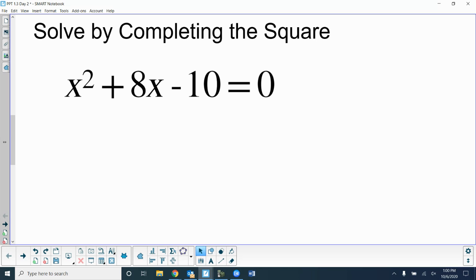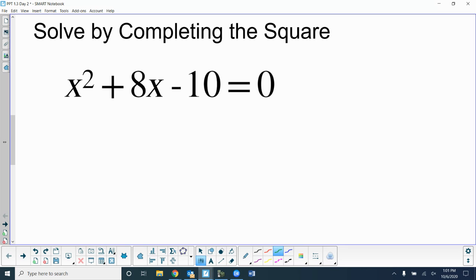So are we okay with that? We're there right now, right? What's the next thing we do once we see that that A value is 1? What do we write when we want to complete the square? Yeah, X will be in there, sure.